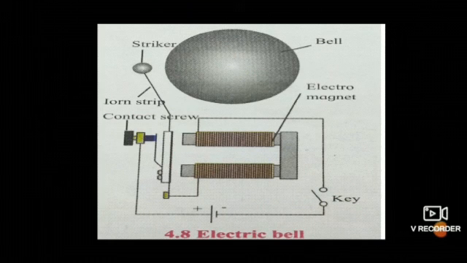This causes the electromagnet to lose its magnetism and the armature returns back to its original position to close the circuit once again. Current flows again and the cycle repeats itself till the current is switched off. Observe the picture carefully and understand the mechanism of an electric bell.